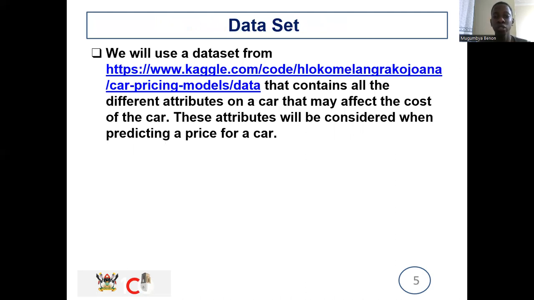So we're going to use a data set, and this is my data set link. Our data set has very many attributes, and most of these attributes we are going to use in our price prediction. Basically our data set has attributes like the car model name, the fuel type, the car height, engine type, the engine size, all these different things that come into play for the final price of a car to be set.